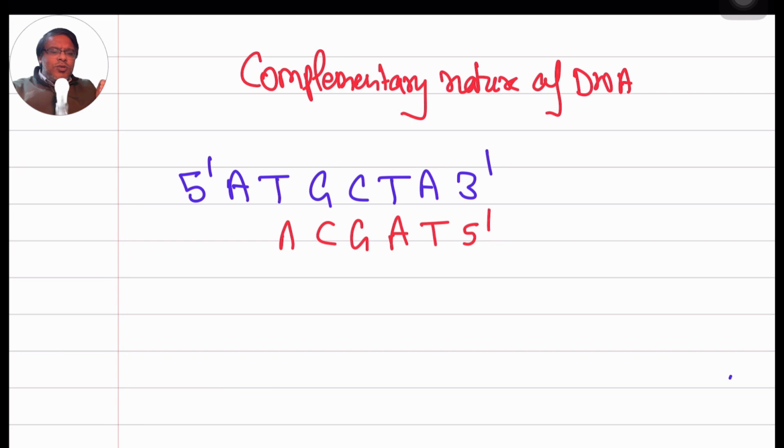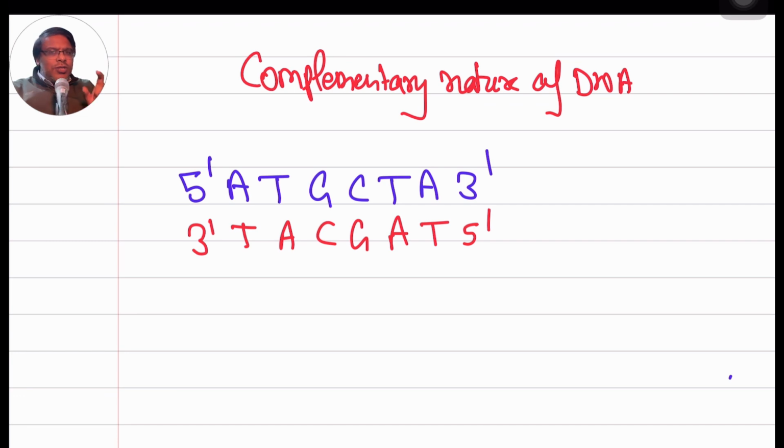You just have to follow the rule. A pairs with T, and G pairs with C. In front of A you write T, and in front of G you write C. So this is the complementary nature of DNA.